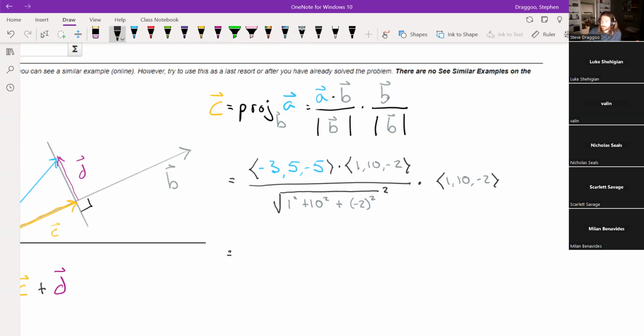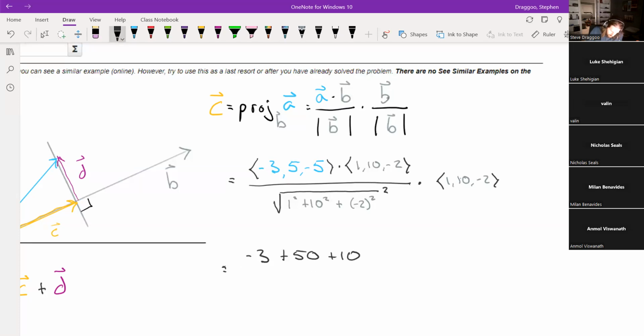So if we multiply stuff across the top, we'll take the minute to actually multiply this dot product all the way out. -3 times 1 is -3. 5 times 10 is 50. And -5 times -2 becomes +10.